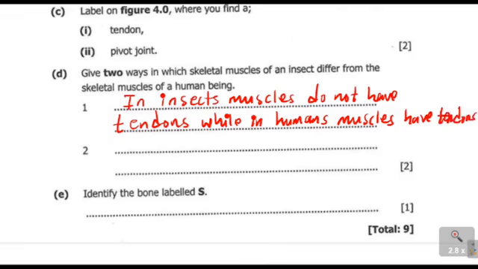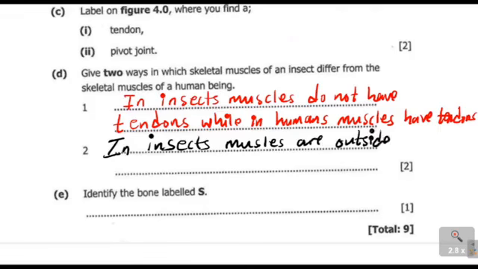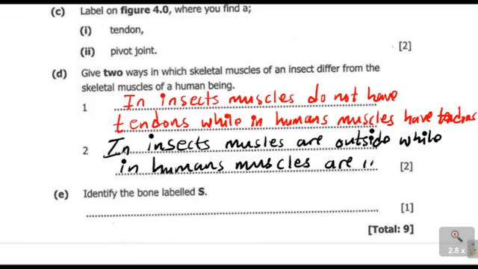Then our second difference, we said that in insects, muscles are outside, while in humans, muscles are inside.